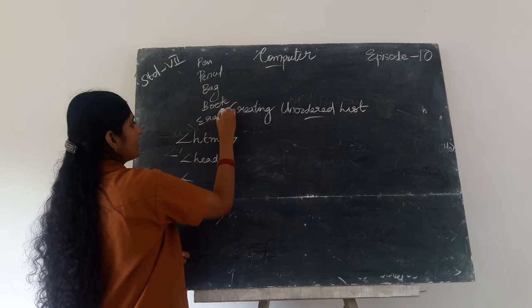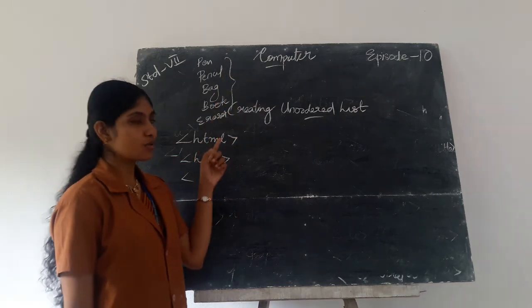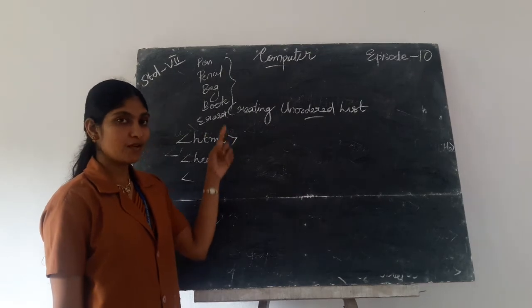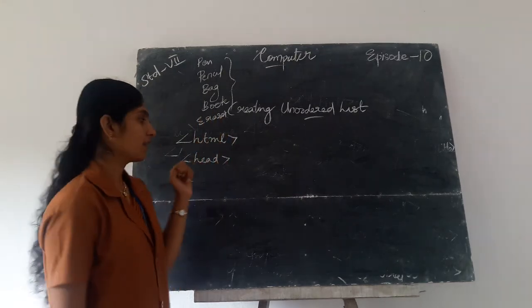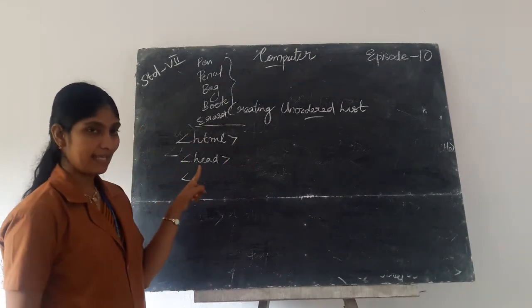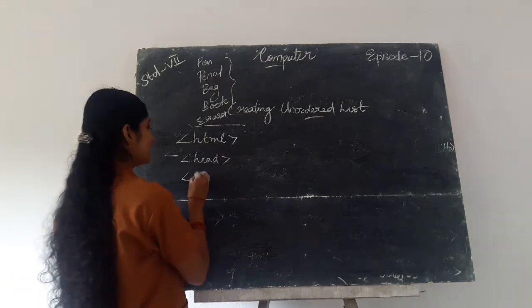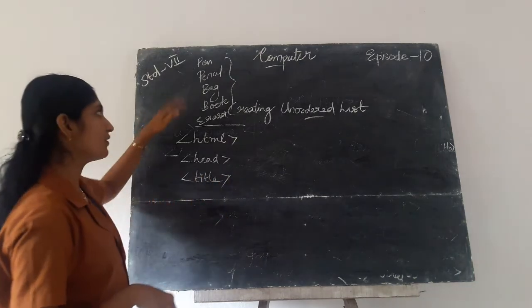So just take this as the list of items. Then we want to make the list with these items using a bulleted list. So first write HTML, then the head part, then the title part. Just give a title for the list of items.